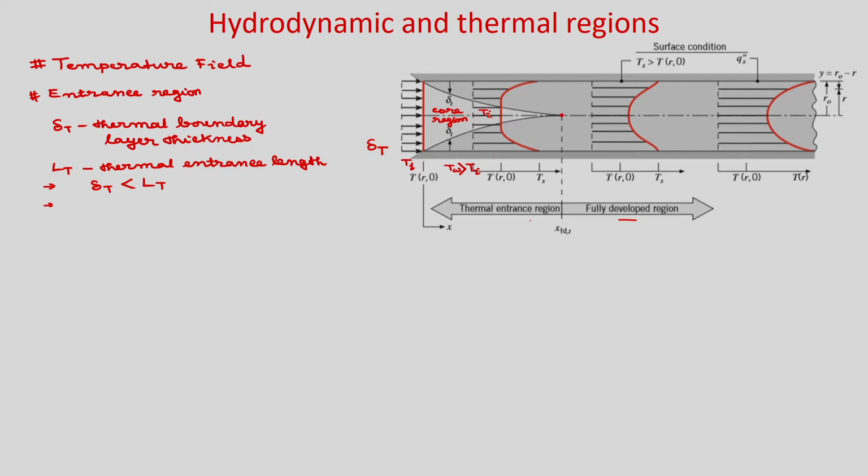So, there is no effect of the wall temperature in the core region in the thermal entrance region, and if you consider two different sections, you will see that your Ti will remain the same at two different cross sections, because it remains the same in the core region.